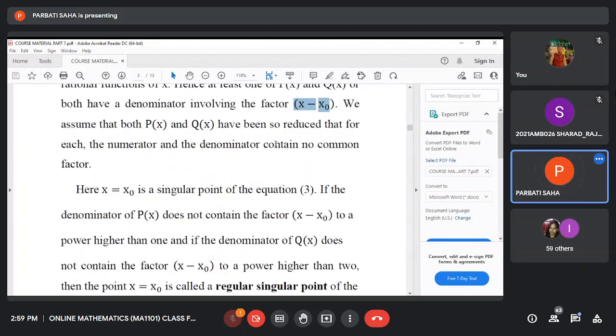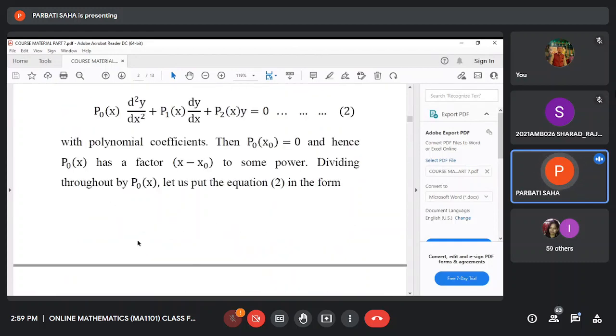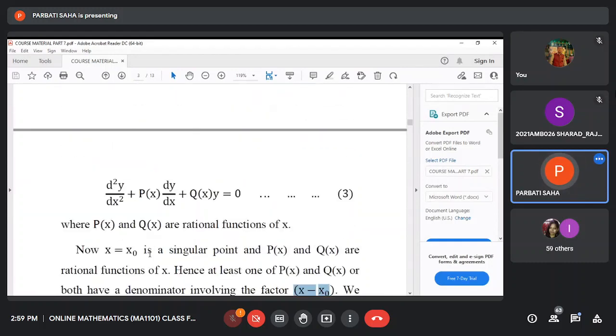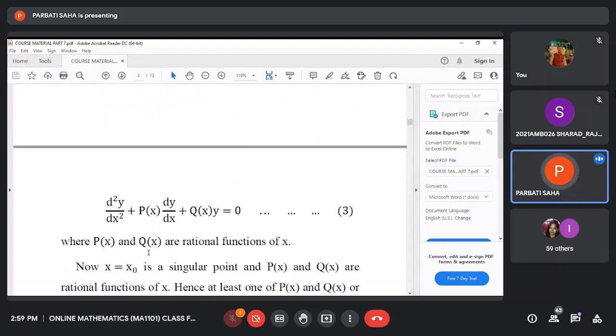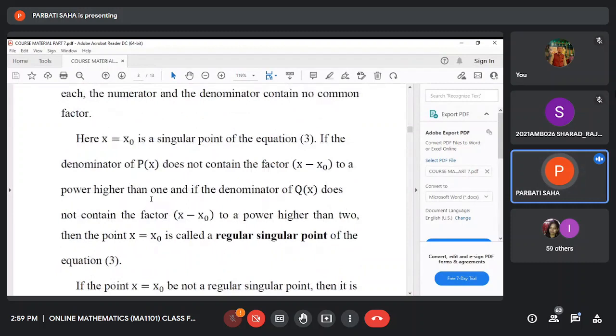It means that the denominator of p(x), which is P0(x), does not contain the factor x minus x0 to a power higher than 1.